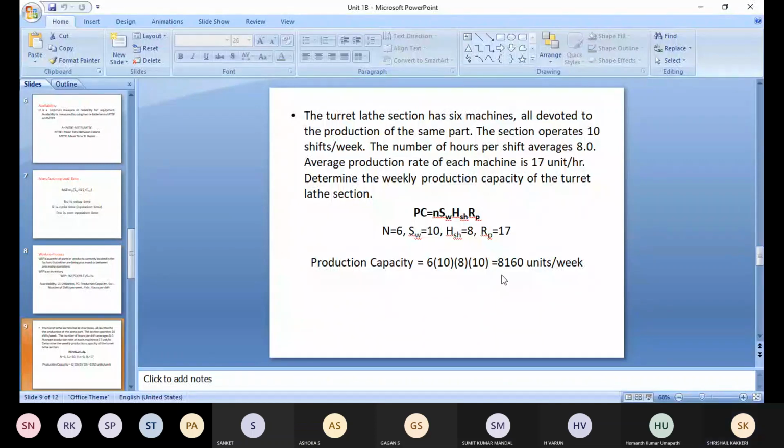Or the second question itself: explain the limitations and advantages of automation.